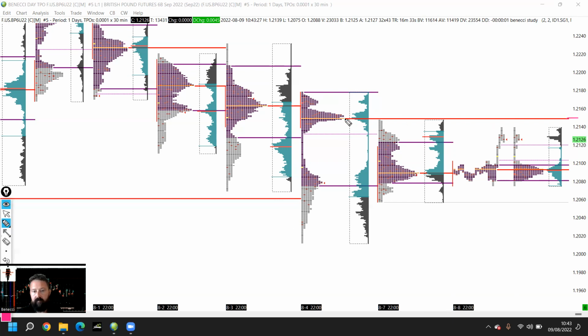And therefore it prints a red line. Okay, that's called the point of control. Point of controls are good for taking profits. If you're in a trade, you could look to take profits around the point of control area, or when price gets to a point of control, you can look at other charts, other order flow tools, and look for an opportunity to take a trade.